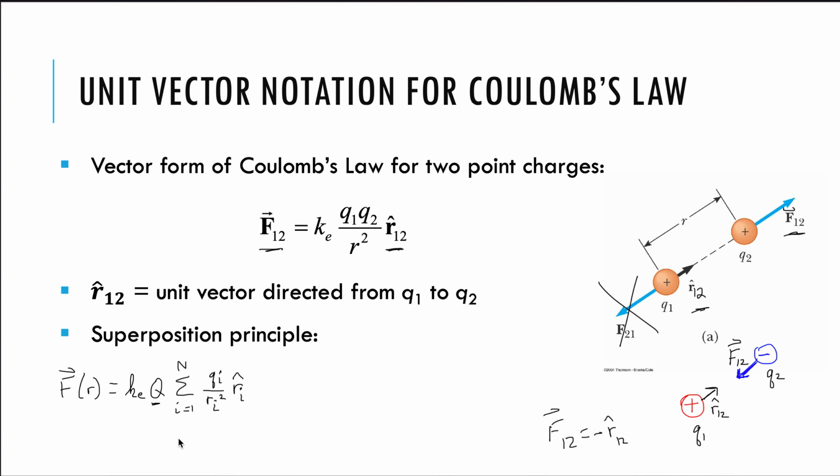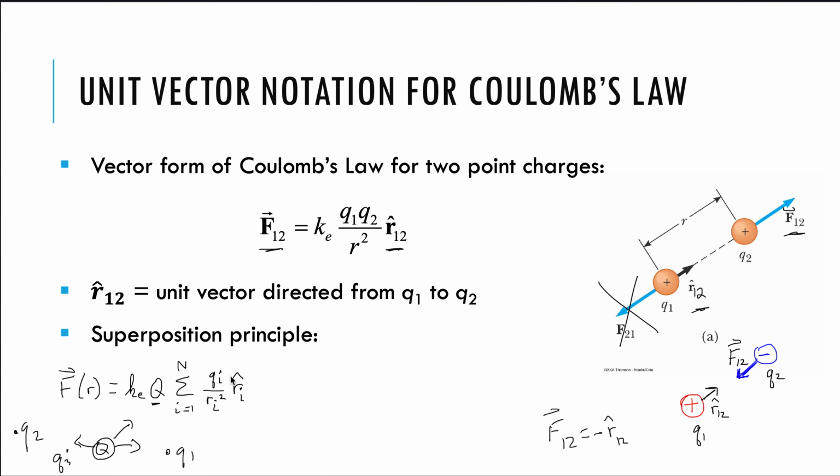So let's say we have a charge Q over here, and we have a charge Q1 and a charge Q2 and a charge Q3, etc. Let's say we have a bunch of charges that are exerting forces on charge Q. Then this is how we would sum up the contribution of each charge. The summation from 1 to n, where n is the number of individual charges. And we do the individual charges divided by the distance between those charges and Q. And we have the unit vector direction.